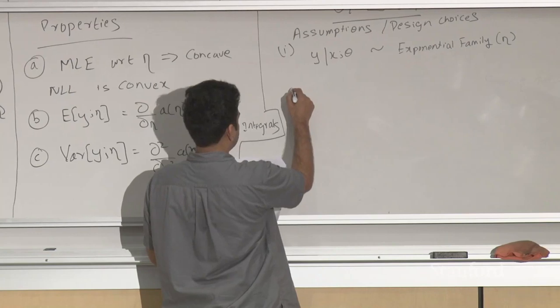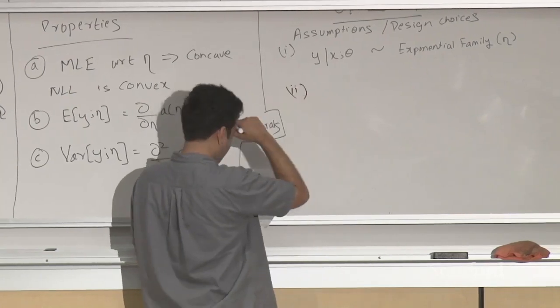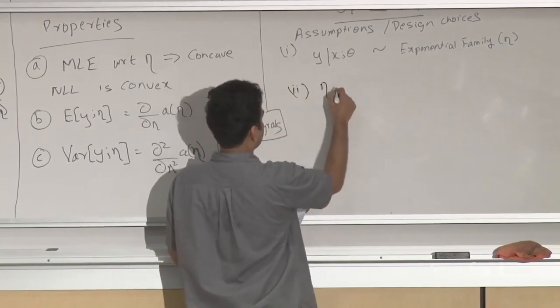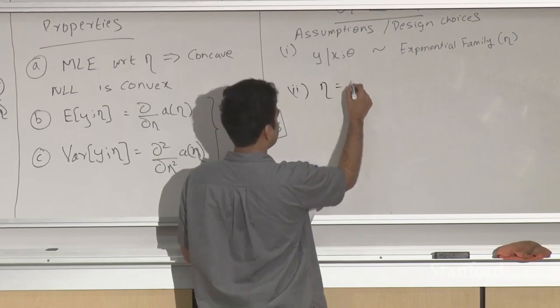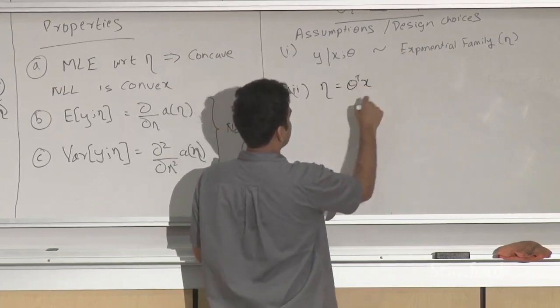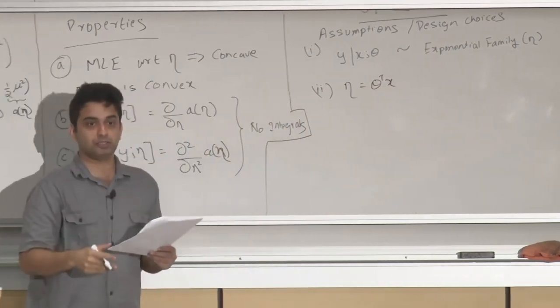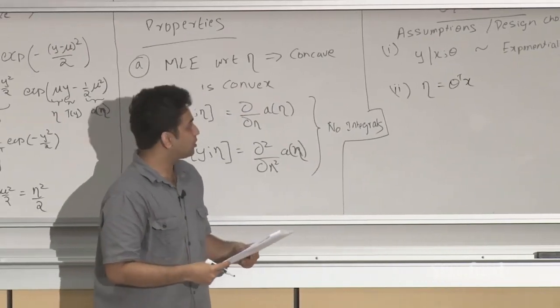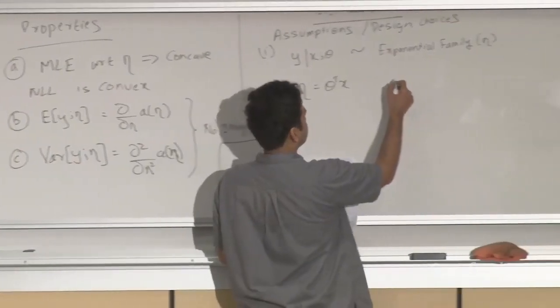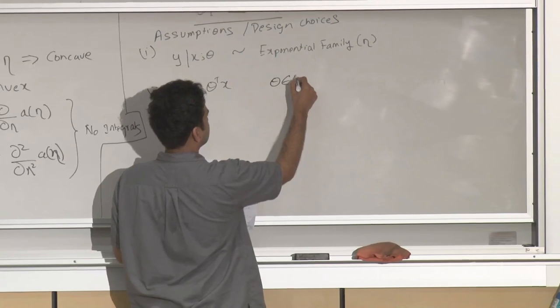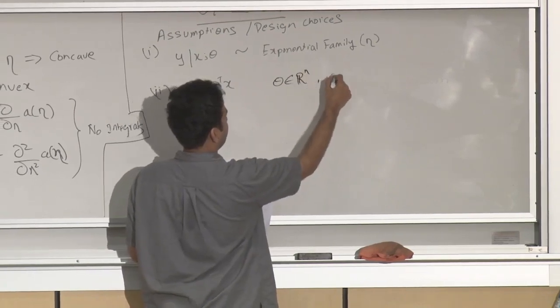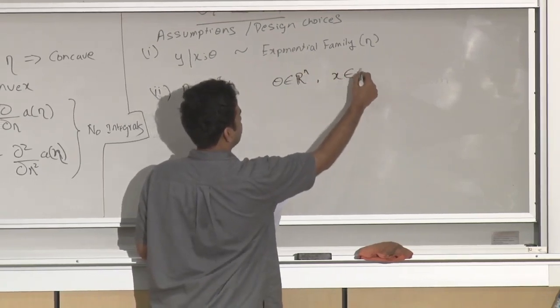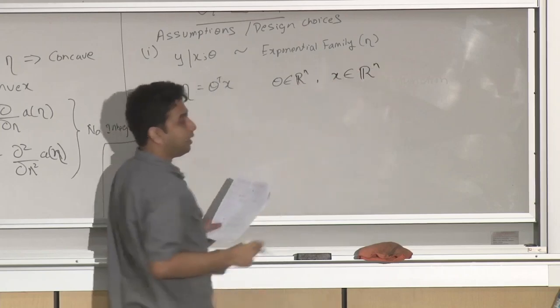And the second design choice that we are making here is that eta is equal to theta transpose x. So this is where your x now comes into the picture, right? Theta is in R^n, and x is also in R^n.